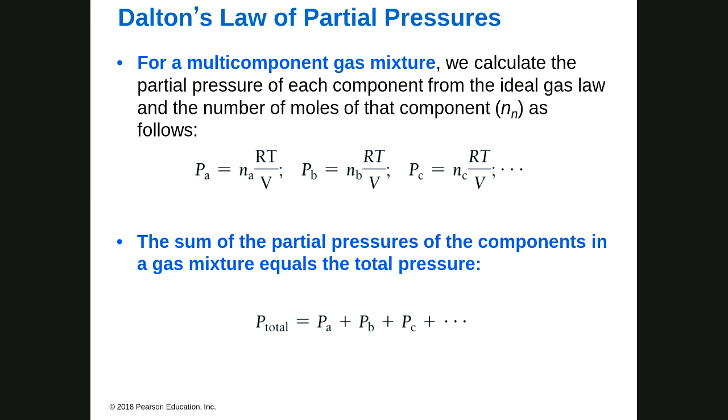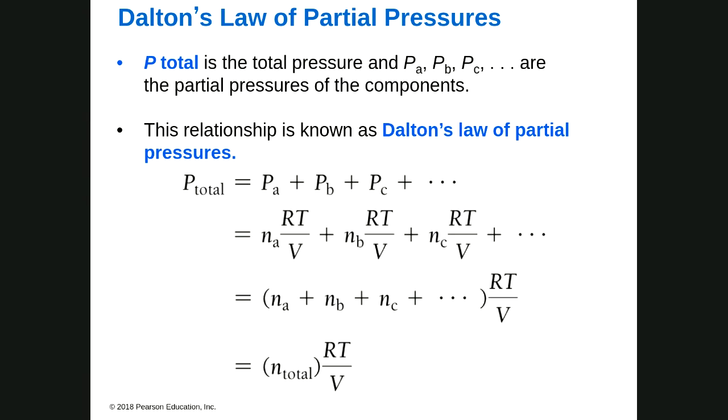And so if you have multiple gases in a mixture, then each one of them will have this formula. When you add them together, it's all multiplied by RT over V times N. This looks crazy, but all they're saying is that since the total pressure is equal to the partial pressures of each of these gases, it's also equal to N times RT over V for each one of those gases, right?